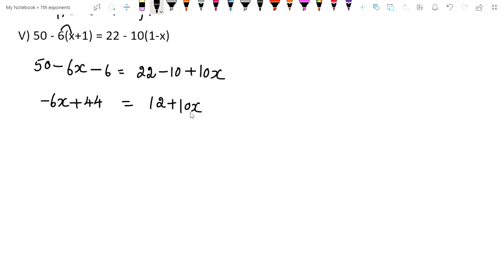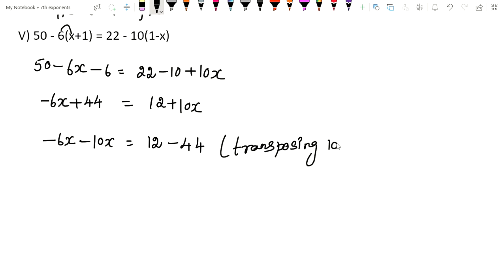Now, bring the x into the LHS side, 44 to the RHS. So, minus 6x minus 10x equal to 12. The plus 44 will change minus 44. So, transposing 10x to LHS and 44 to RHS.